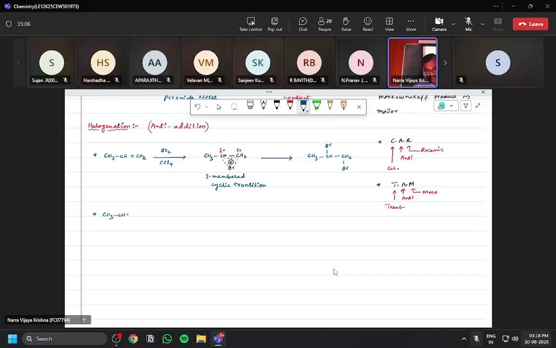Same CH3, CH, CH2 in presence of Br2 and H2O. Solvent: polar protic solvent. Now, the first step is as it is. Formation of 3-membered cyclic transition state is as it is. So I am copying this as it is.